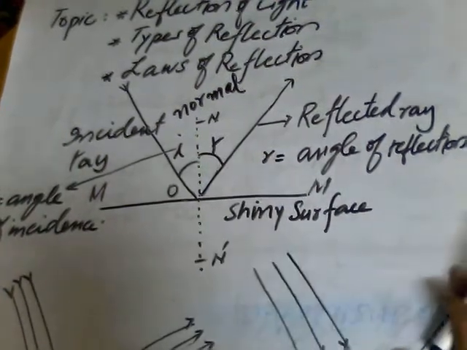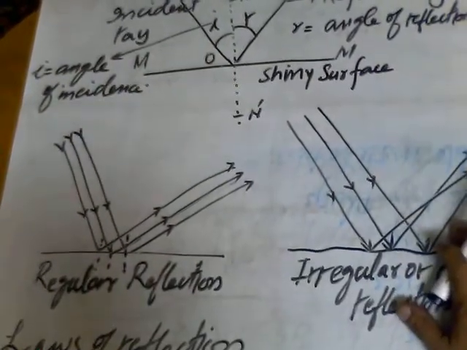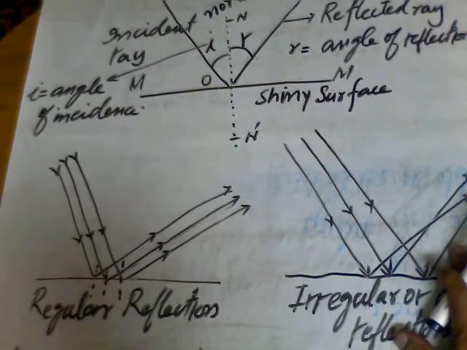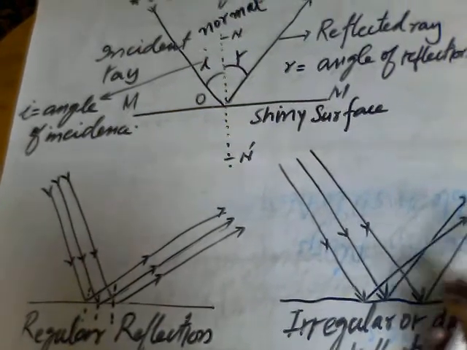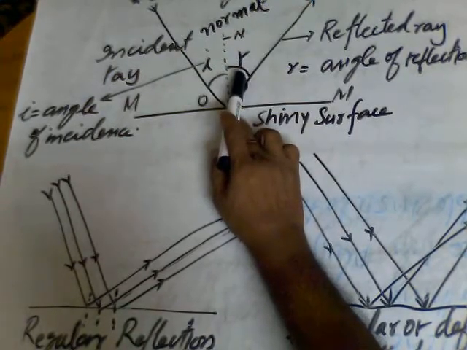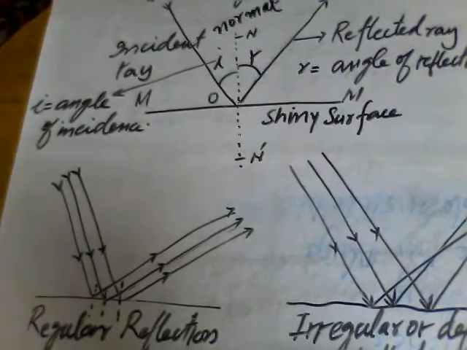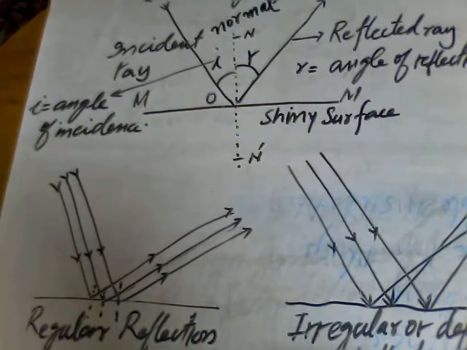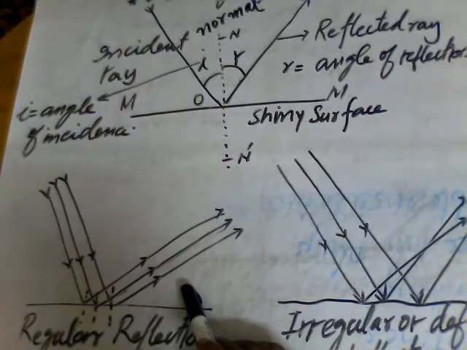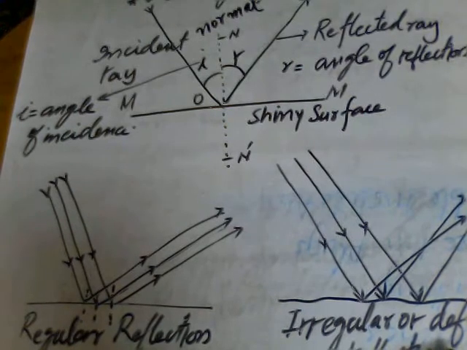Now we are going to learn about the second law. The second law: angle of incidence and angle of reflection, in both regular reflection and irregular or diffuse reflection.